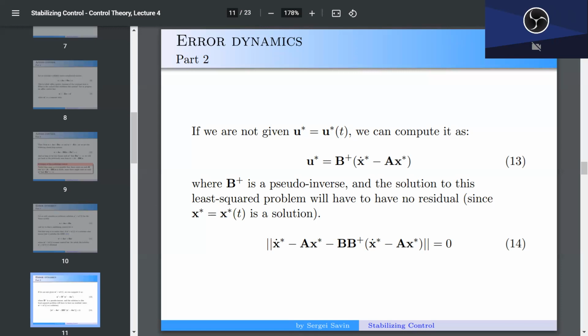Doesn't have to. Pseudo-inverse, in general, unlike inverse. Inverse always provides you a solution. Pseudo-inverse can provide you the closest approximation of the solution, or in mathematical terminology, the smallest residual solution.